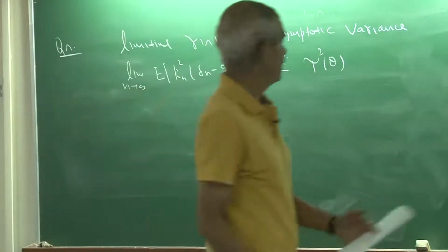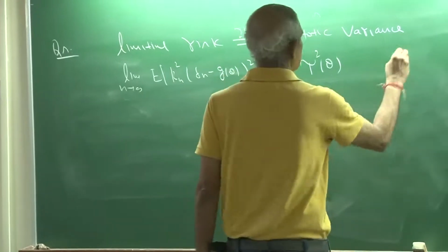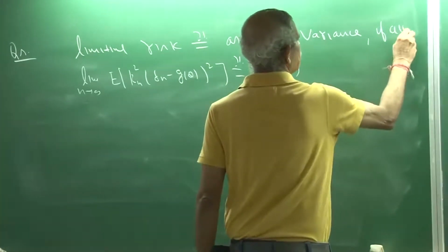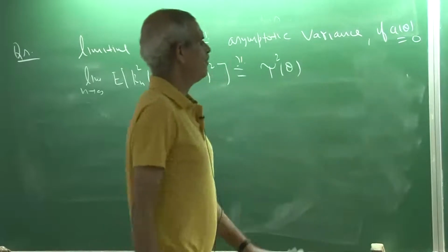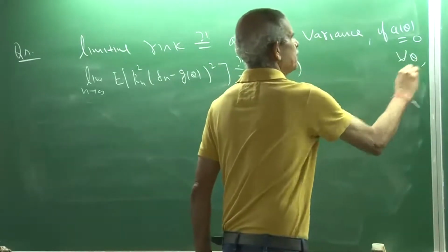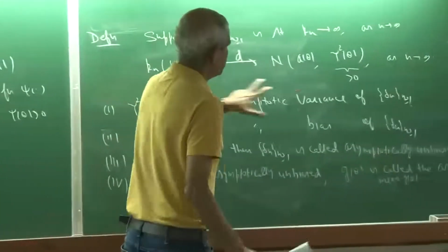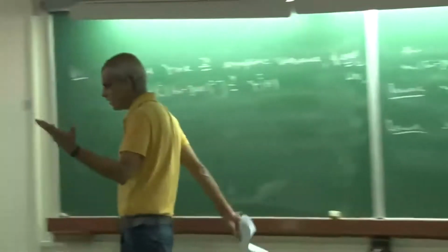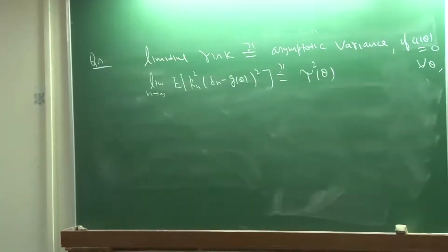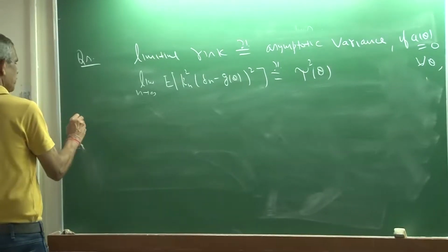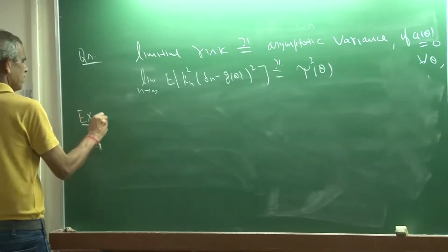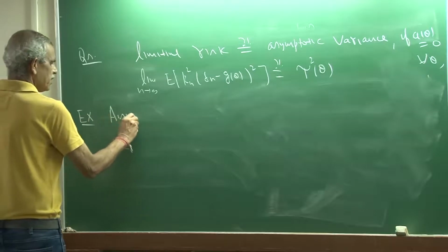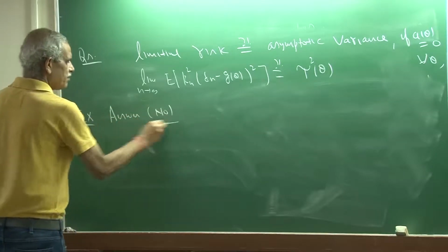That is if A(theta) is 0 for every theta. Then whether this is the same as the asymptotic variance or not. That is what the question is. And the answer, you know from your probability theory course, is no.